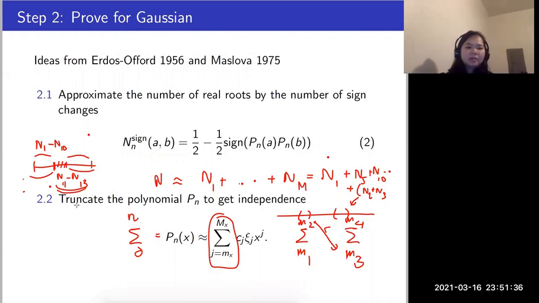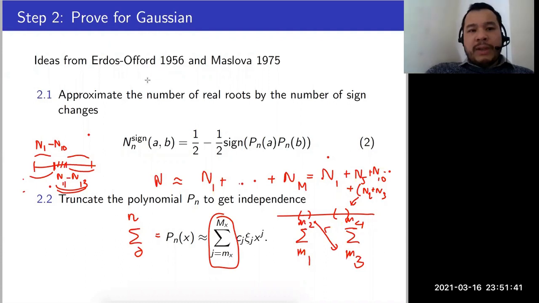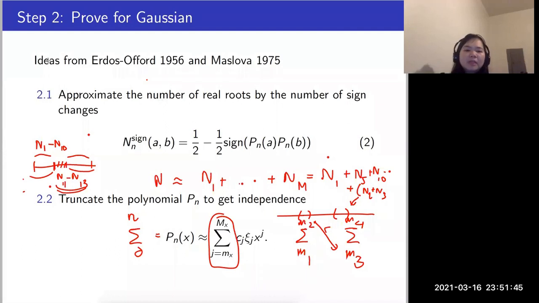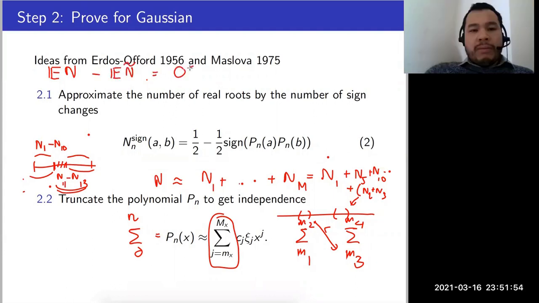So our error term, for example, what is the order of the error terms? It depends on the problem. For example, for the simple problem of the expectation of the number of real roots, what we show when compared to the Gaussian is of order 1.